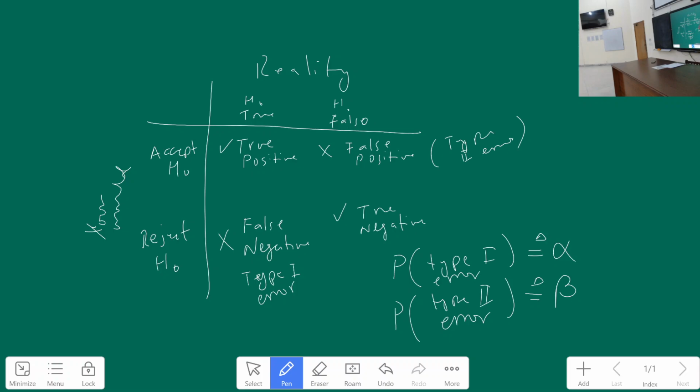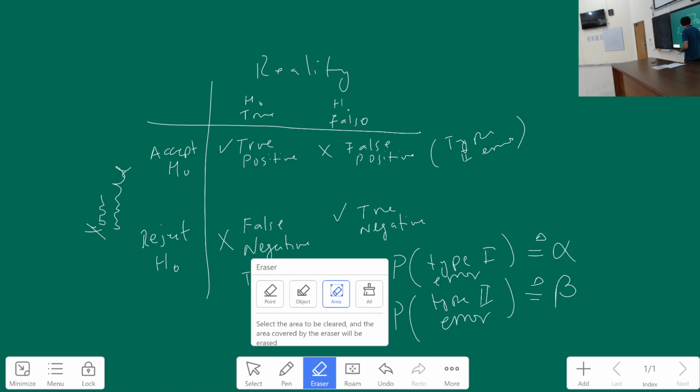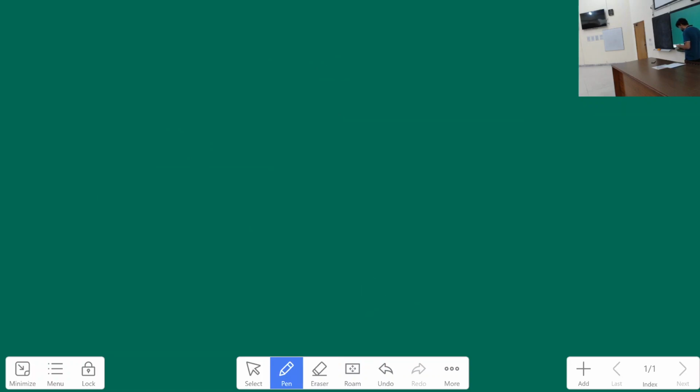Okay, so let's look at the case that we were discussing just now about the claim about heights of people. In that example, my claim, if I remember correctly, was that the average height of the adults is 165 and I set a range 164 to 166. If you fall within this, you say I was right, otherwise you say I was wrong.